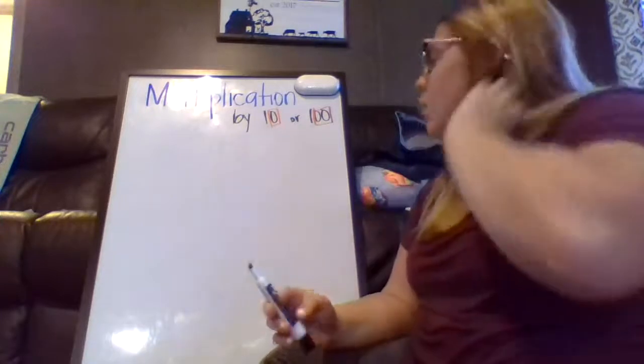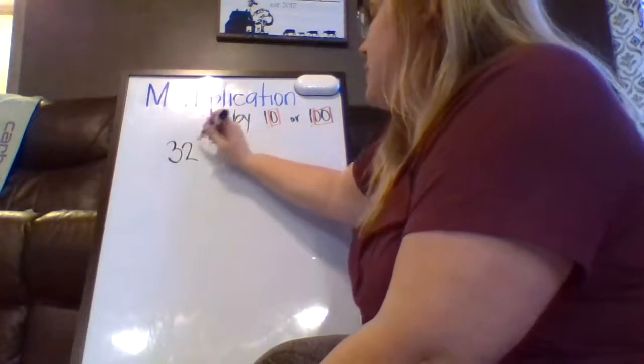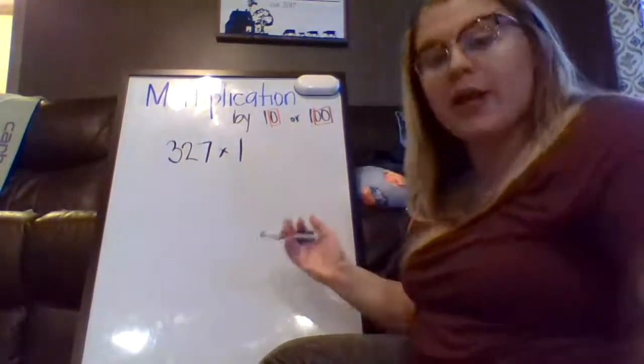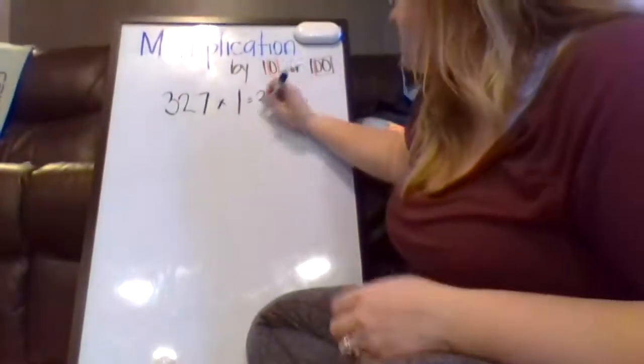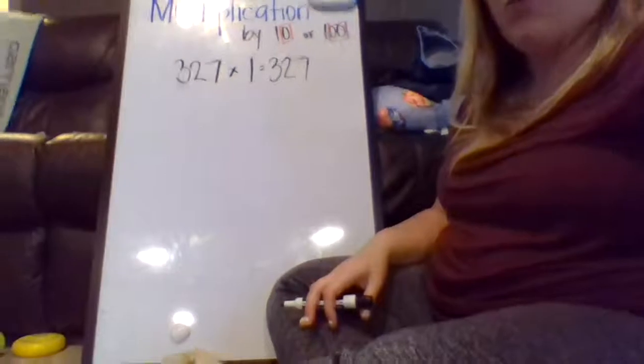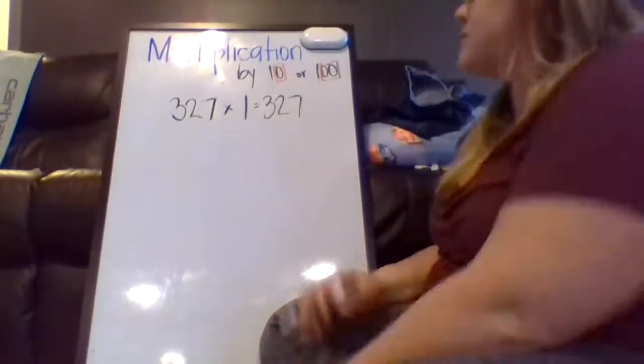That's one of our properties of multiplication. If I have 327 times 1, that's just 327. Anything times 1 is the number itself.